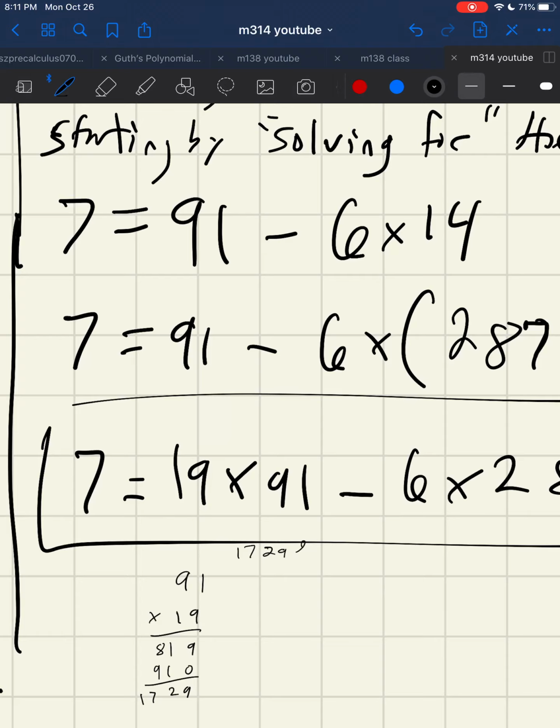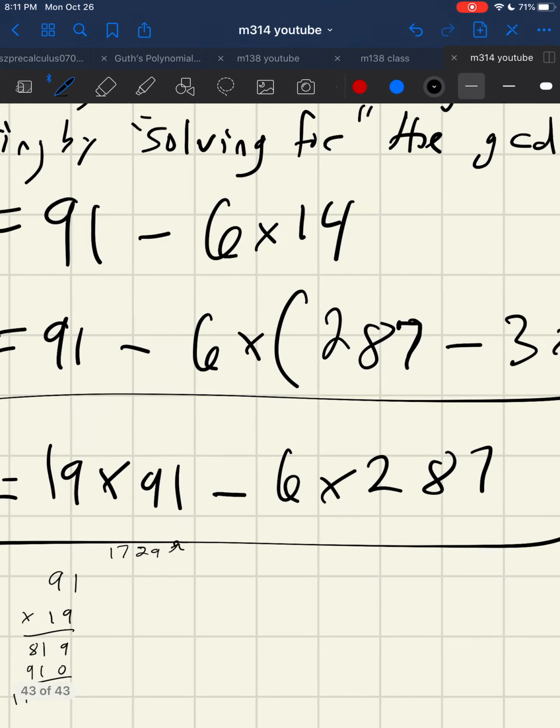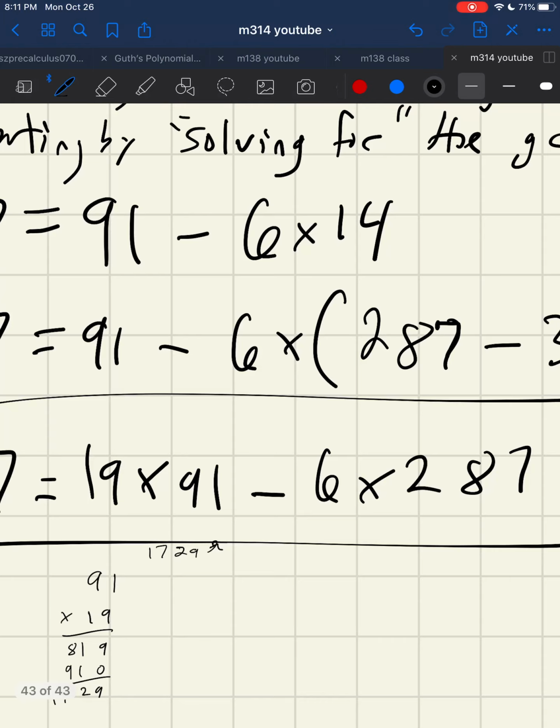So this number is 1729, right there. And what is 6 times 287? Well, 6 times 7 is 42, carry the 4. 6 times 8 is 48, plus 4 is 52, so that's going to be 2, carry 5. 6 times 2 is 12 plus 5 is 17, so 1722.